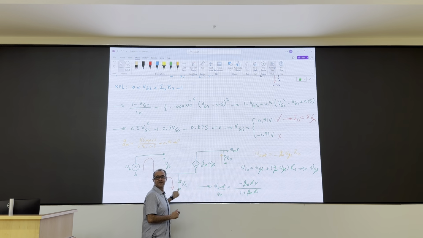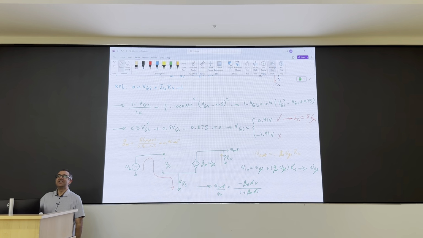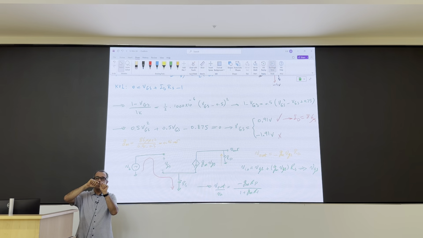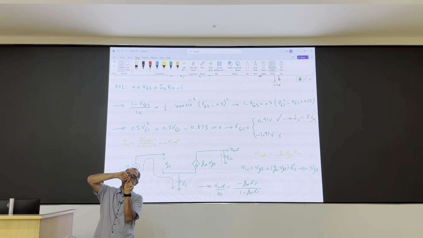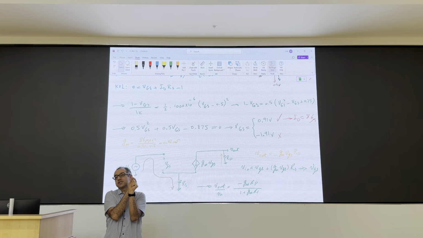It's just a voltage, is that allowed? Yeah, you close the loop, right? Because what does KVL say? KVL says that if you start from any node in the circuit and go back to that same node, all the voltages should add up to 0.